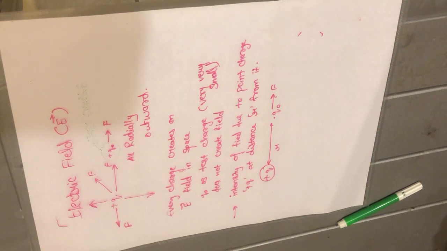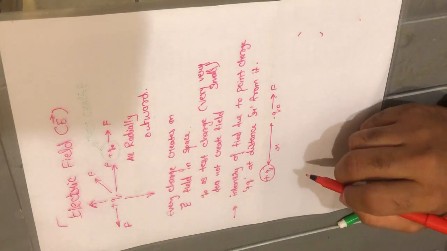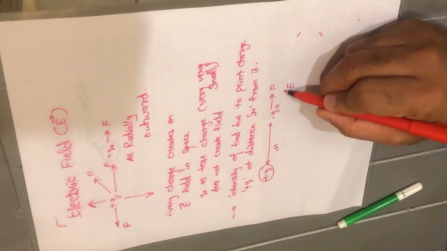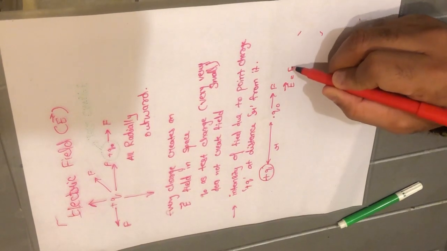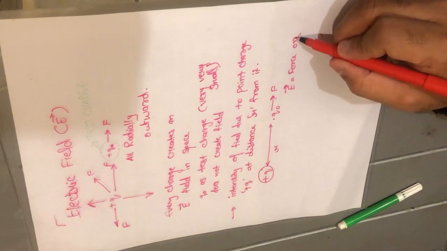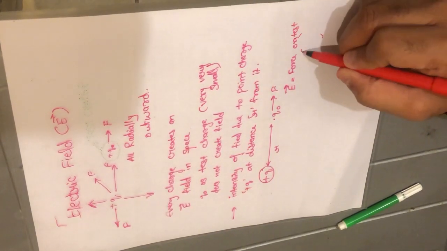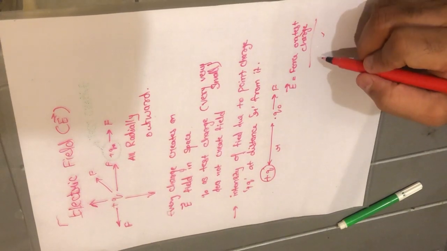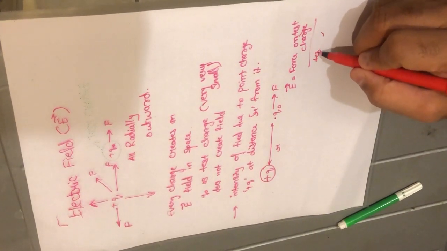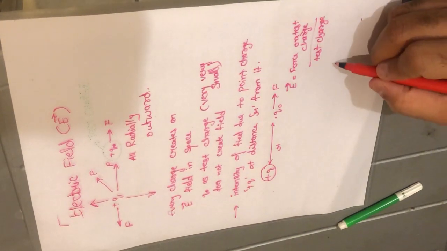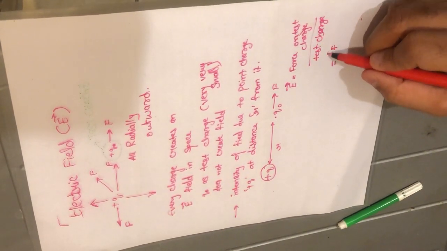Now there is a force acting on the test charge which is away. So basically both of them, the source charge and the test charge, are positive in nature, and we have an electric field over there due to the source charge. Remember that for the test charge we don't consider any electric field. So how do we calculate an electric field for a source charge? The formula will be force on test charge over test charge value.